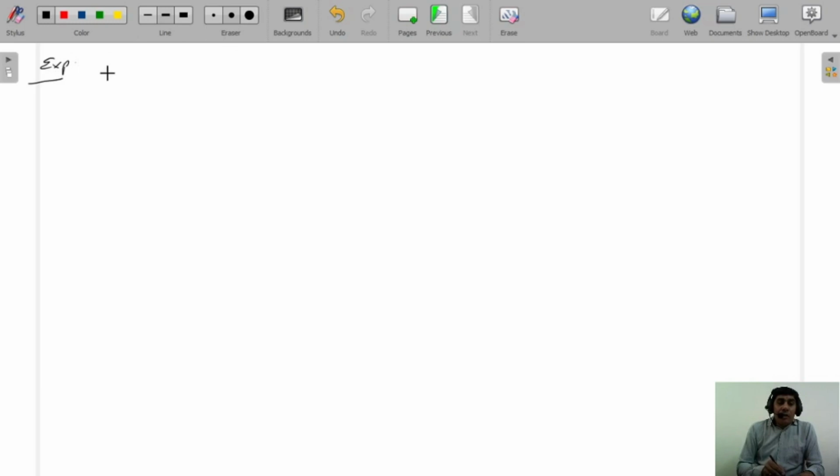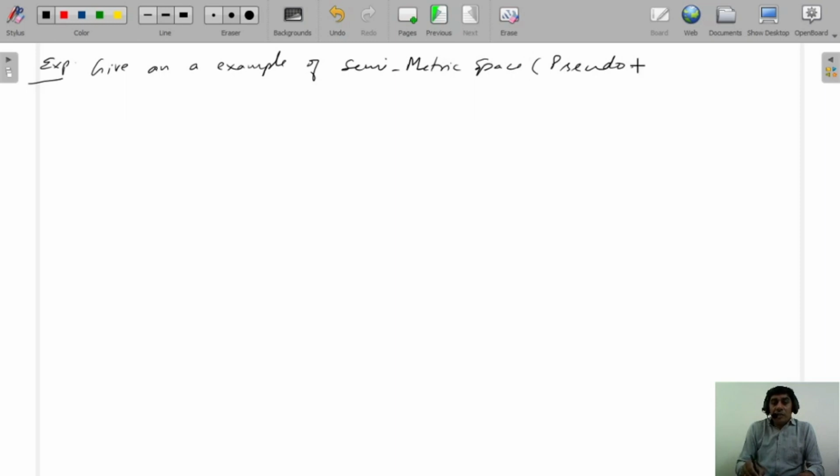Give an example of semi-metric space, pseudo-metric space, which is not a metric space.